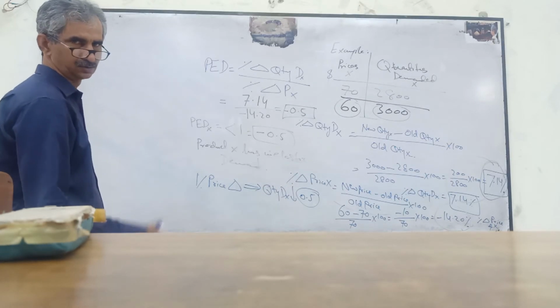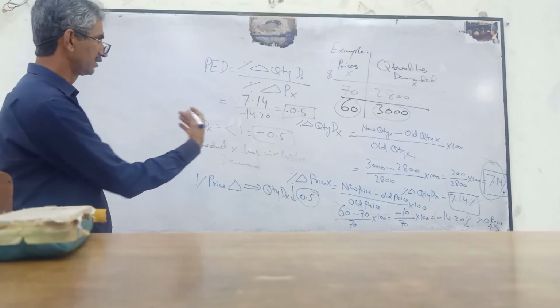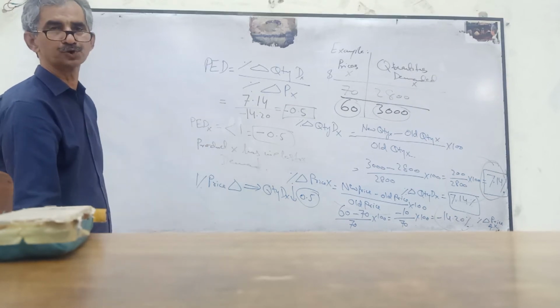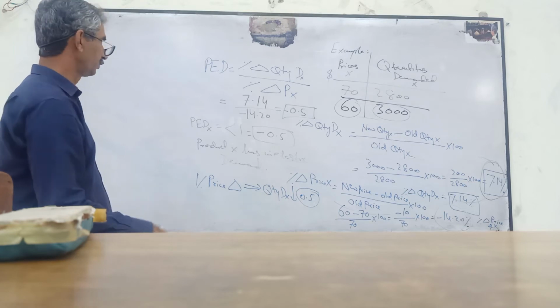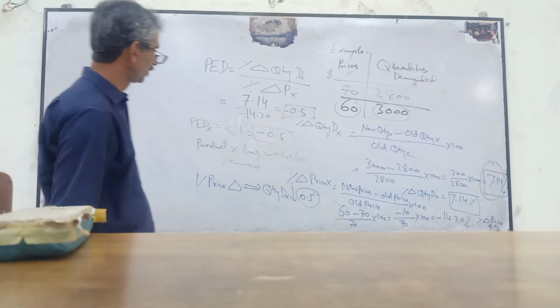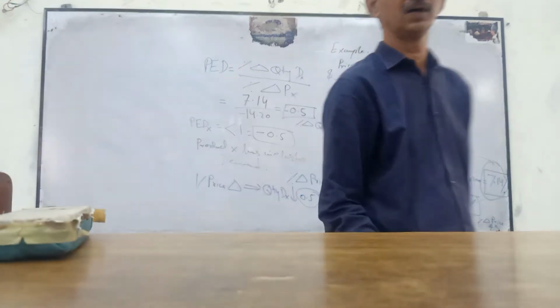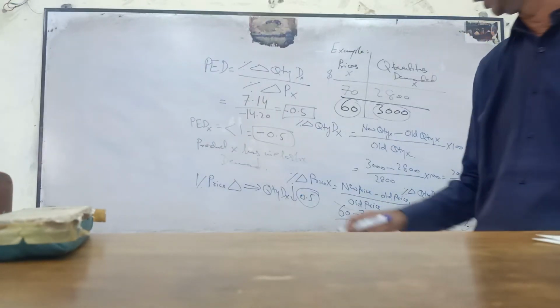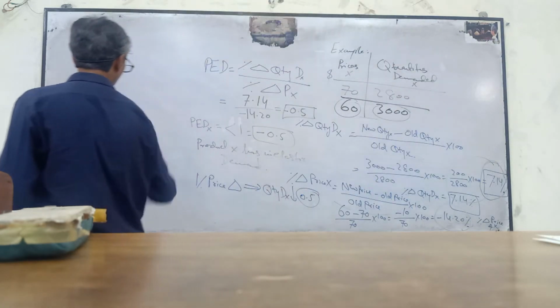So we can say that this product has price inelastic demand. It means when a 1% change in price occurs, it doesn't cause a huge change in the quantity demanded. That's why we say this product has inelastic demand.